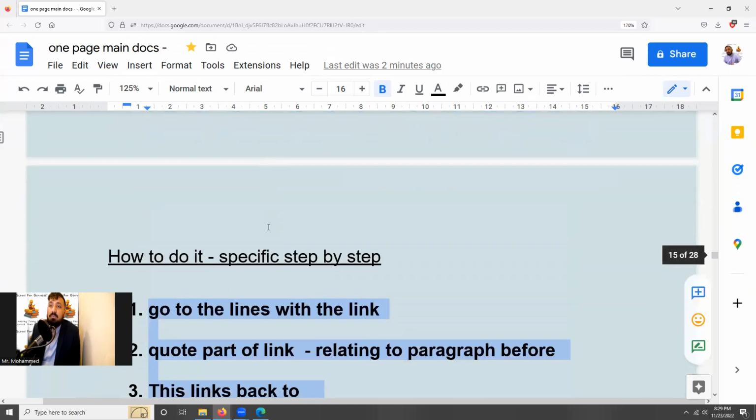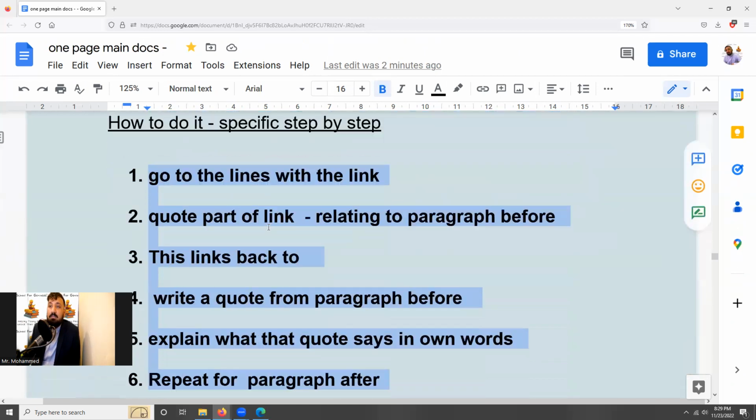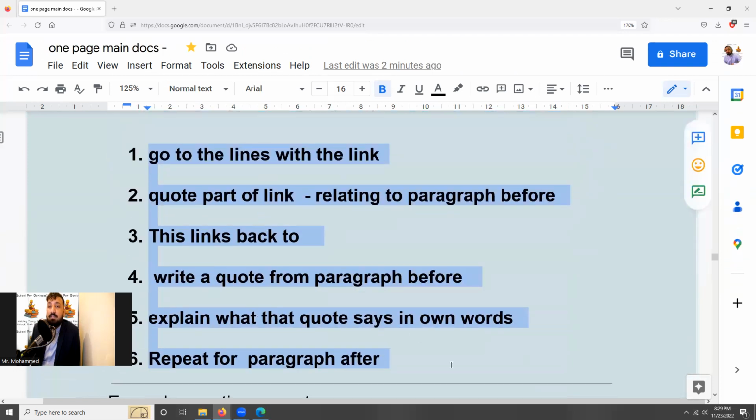So you want to identify that, and maybe even underline that before you get started, so then you're sure. You can even put an arrow forward and backwards, so then you know this is the part that goes back, and this is the part that goes forward.